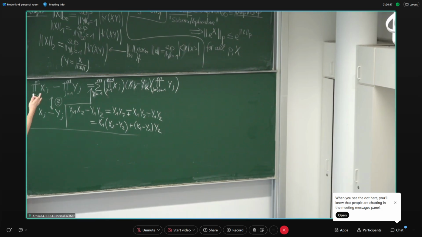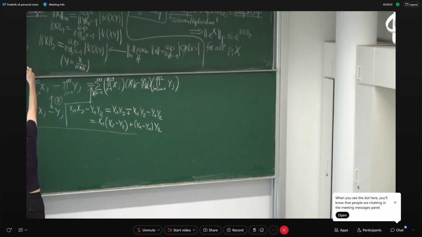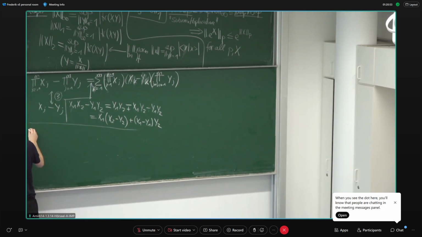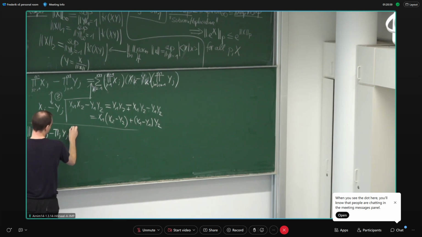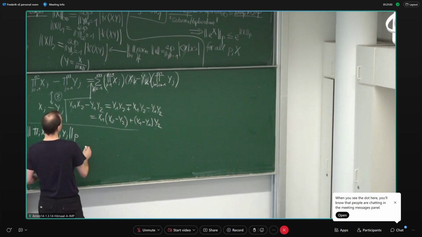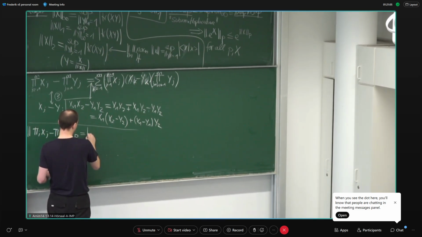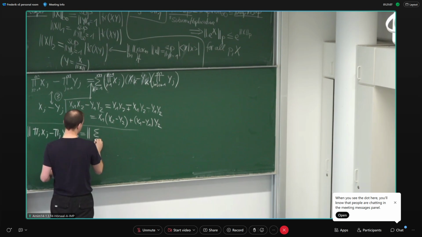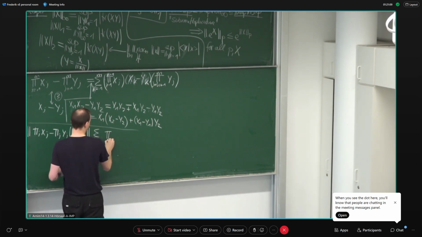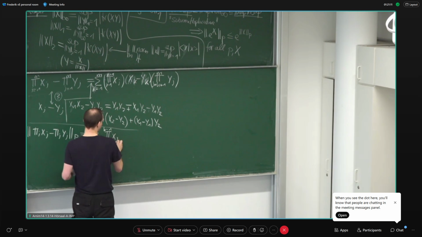And now we just combine this with the property up there. So now we look at the norm of this difference.